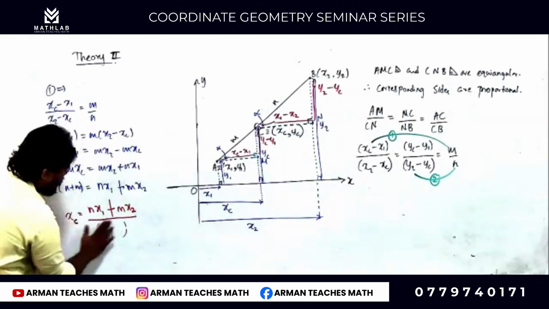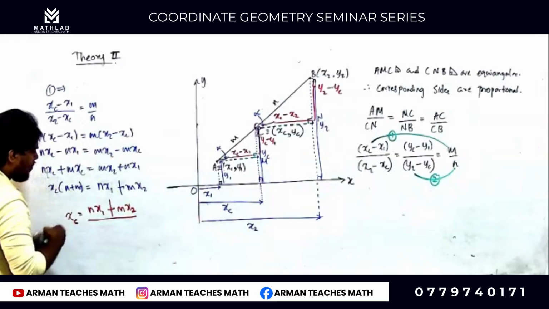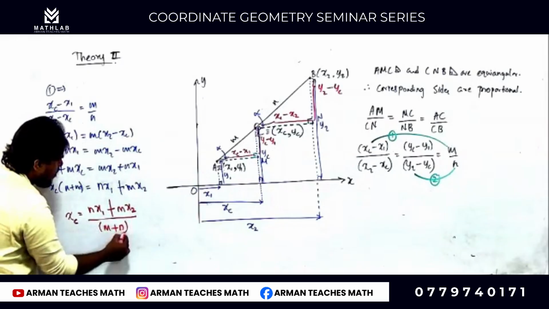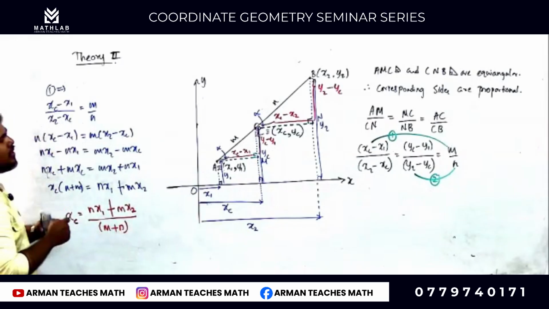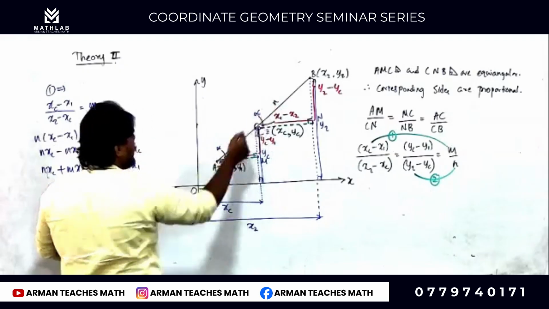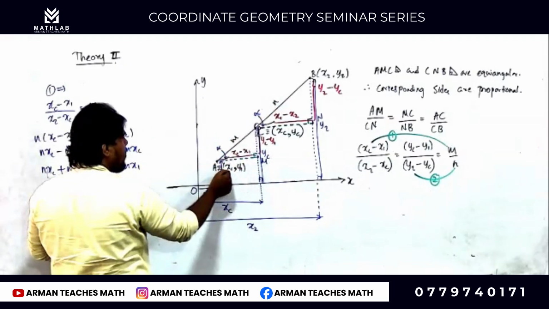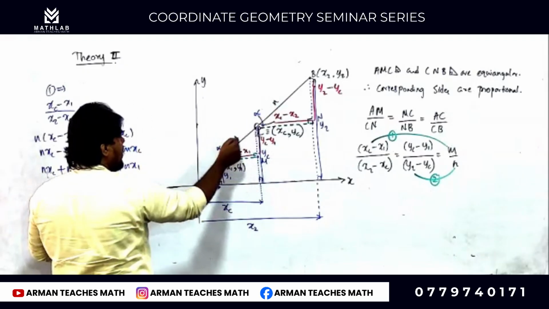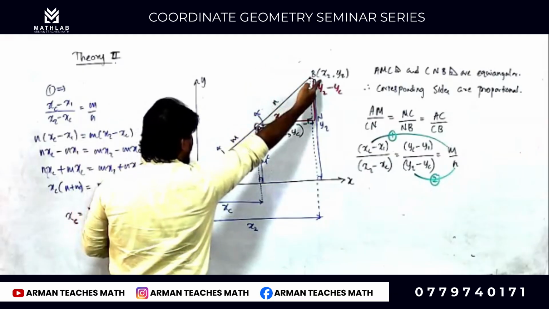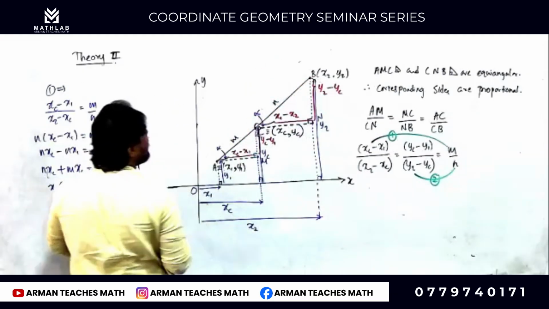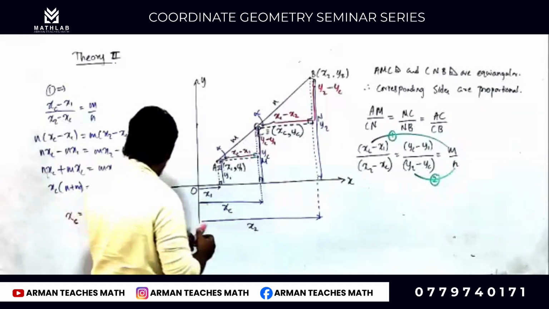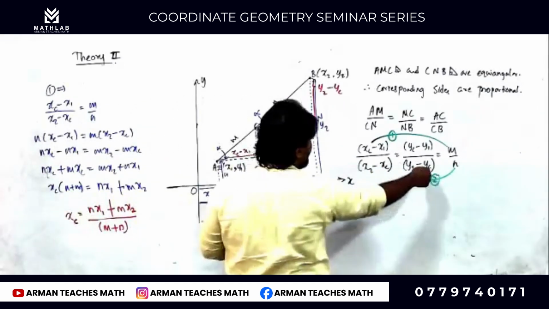I'll write this as m plus n just to make the pattern more visible. So what's the pattern? This one times this one's x coordinate plus this one times the other one's x coordinate divided by m plus n. Okay. So try to develop for y this second equation also.